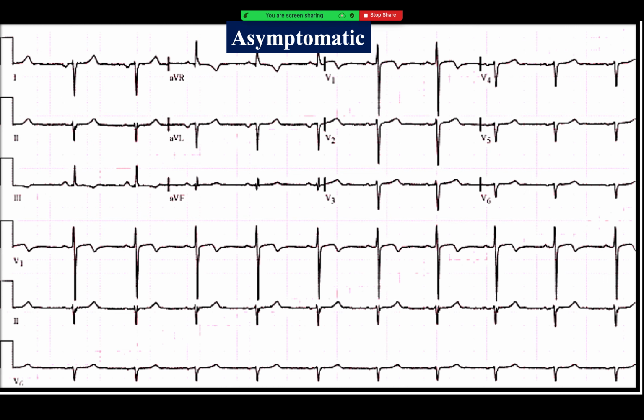What do you notice? This was a young female patient who had just come for her routine checkup and all. She didn't have any problems. And you did the ECG and you came across this.